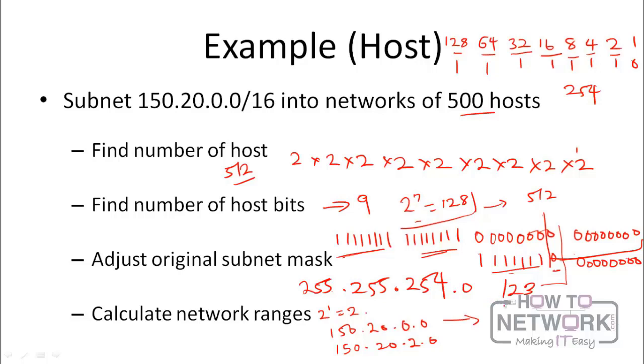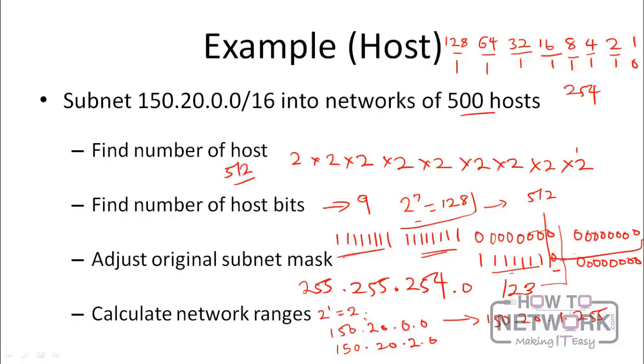Now, what's the broadcast address for the first range? It's going to be 150.20.1.255. Now, think about it. That means that for the first network, you're going to start at 150.20.0.0 and go to 150.20.0.1 all the way to 150.20.0.255, and then move on to 150.20.1.0, 150.20.1.1, all the way to 150.20.1.255.